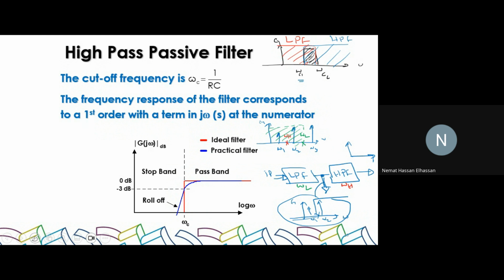Because this is the pass band, this is the stop band, right? Omega 1 is eliminated. So the only thing left is omega 2. Does that make sense? Clear-ish? You know what? Why is omega 1 eliminated? Because if you apply 2 signals, omega 1 and omega 2, which is what we have, and your cutoff frequency is here.